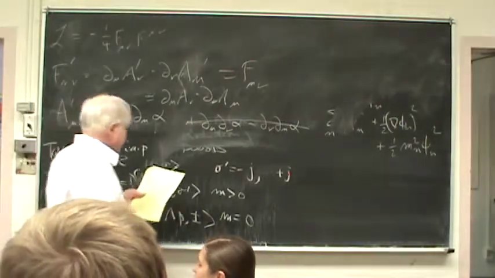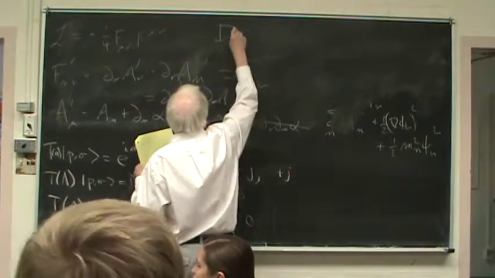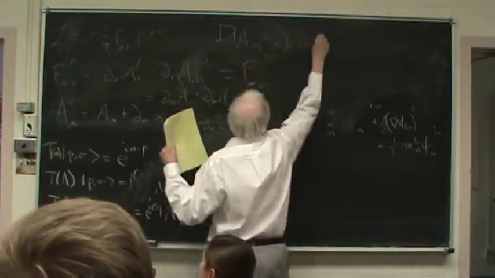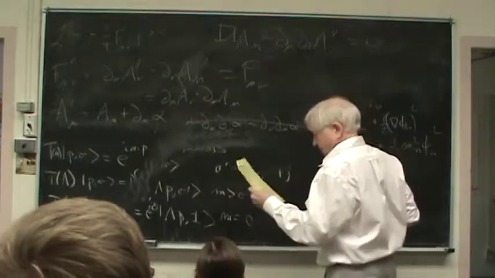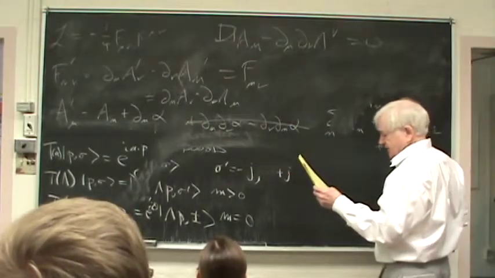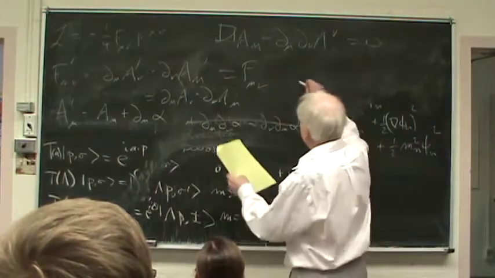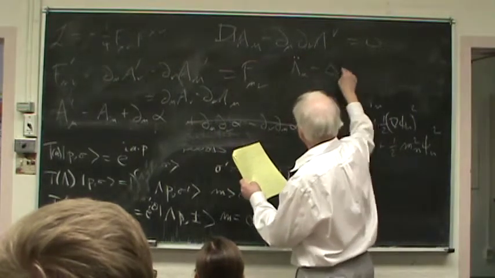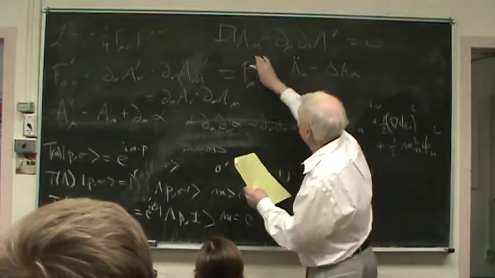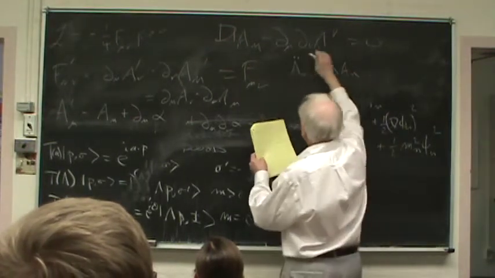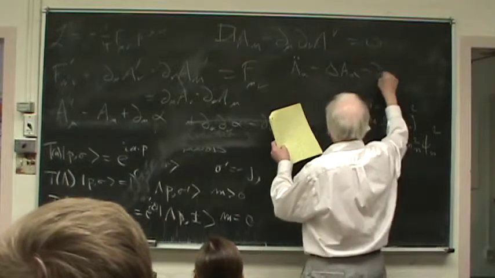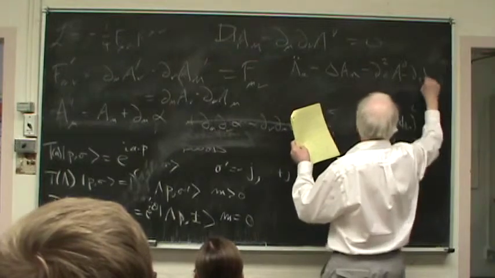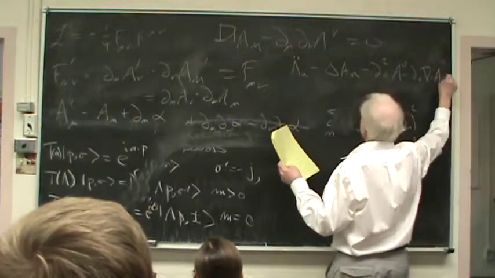The equations of motion here turn out to be box A_μ minus ∂_μ ∂_ν A_ν is 0. And if we look at the mu equals 0 equation, what do we have? We have A_μ double dot minus Laplacian A_μ, so that's this term. And now if we keep track of these, we get ∂_0 squared A_0 minus ∂_0 of del dot A equals 0.